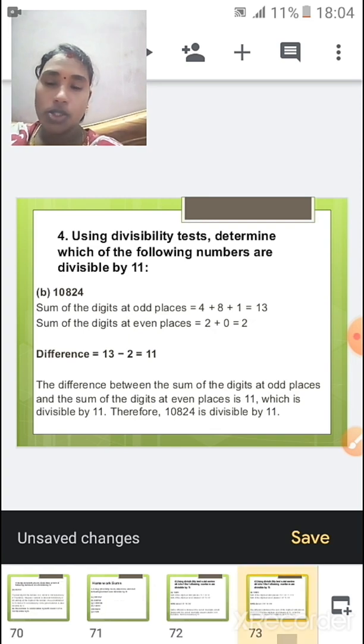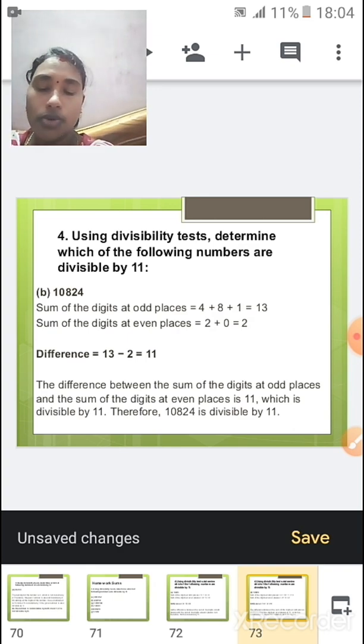So let us move on to the second sum, that is B sum. So now we are going to read out the number, that is 10,824. So when you are adding the digits in the odd places, you get 4 plus 8 plus 1 and the answer will be 13.